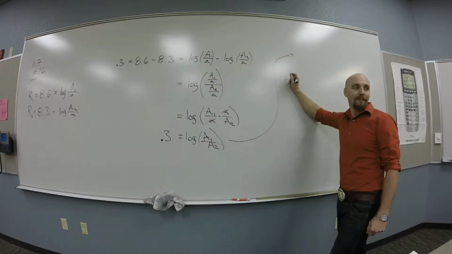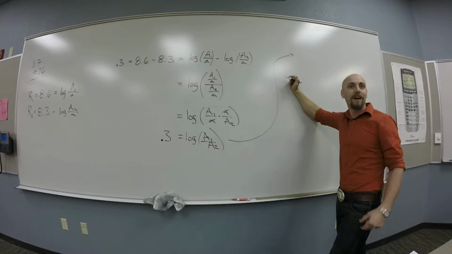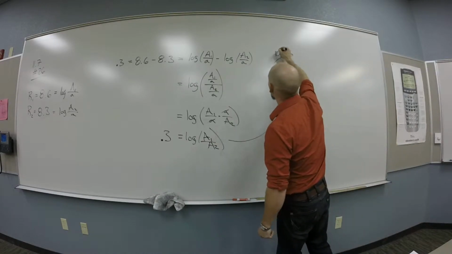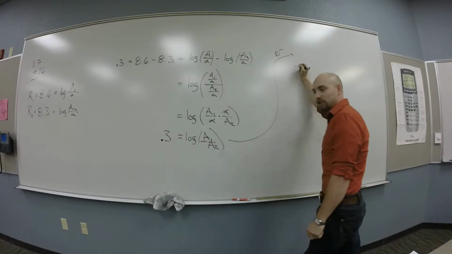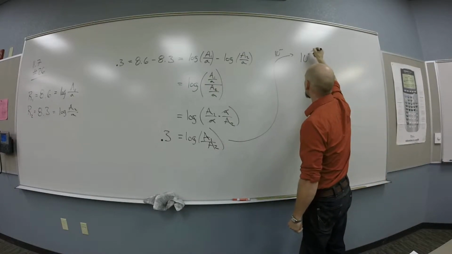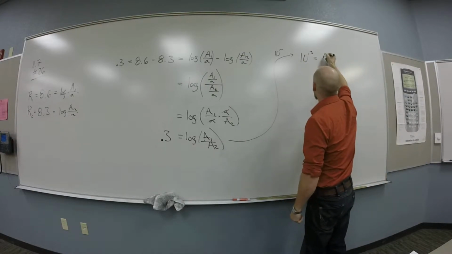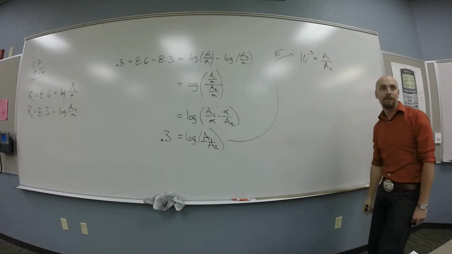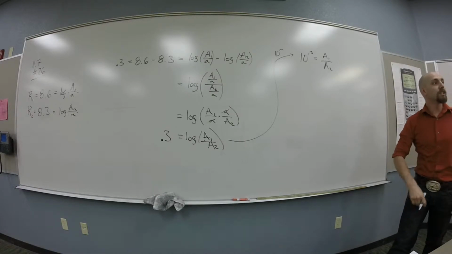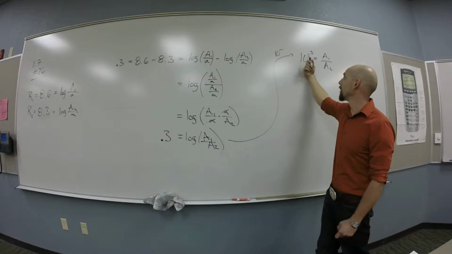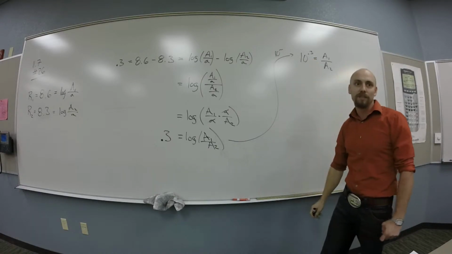Not log it, but I put it in the exponent of a 10, right? Okay, so I apply the 10 to the stuff function to both sides here. So I get 10 to the 0.3 is A1 divided by A2. You guys see that? So this is why we put that difference, right, in between the Richter scale measurements in the exponent of a 10.